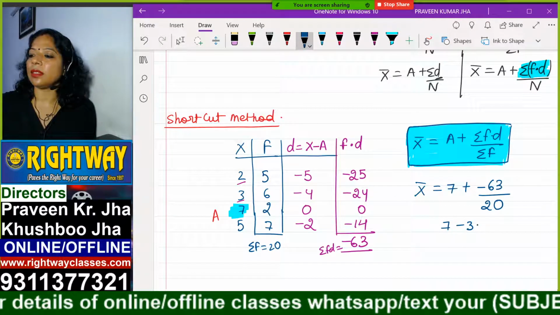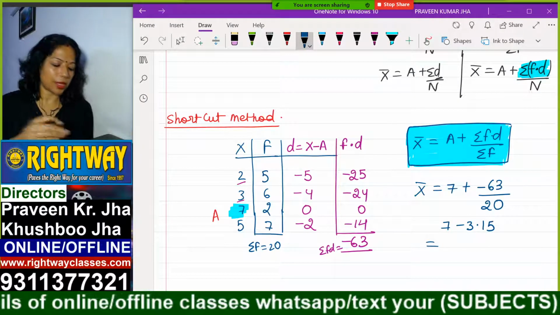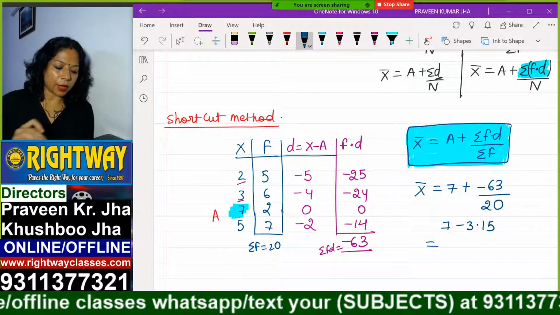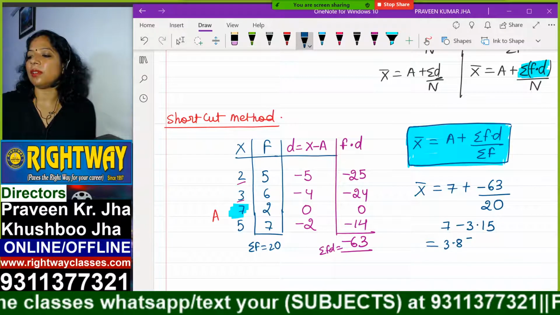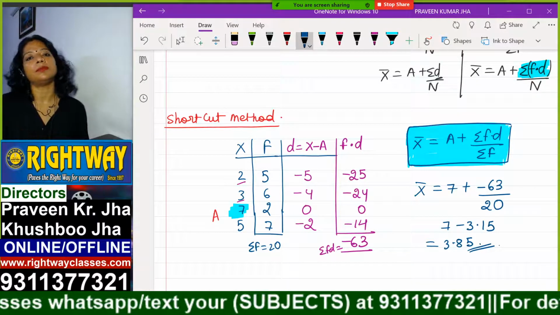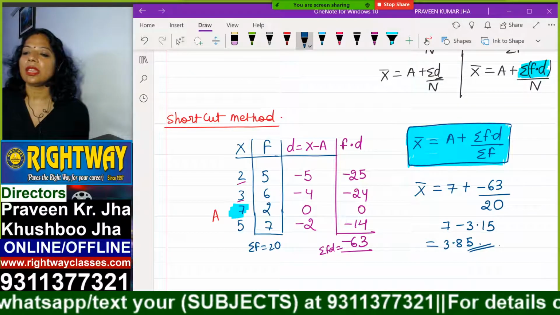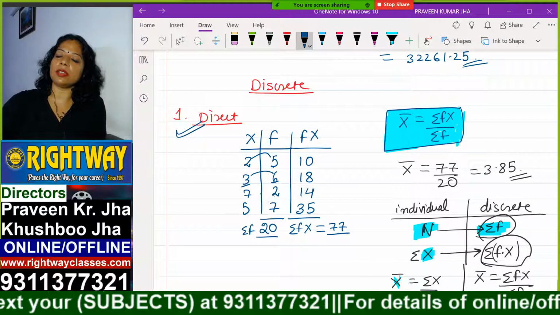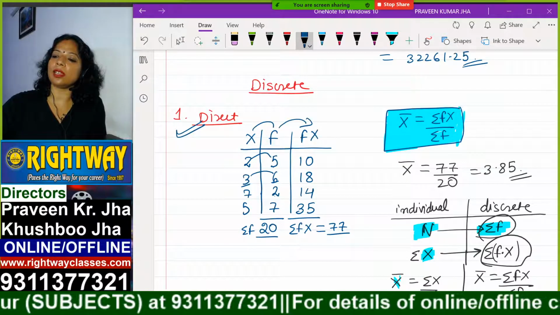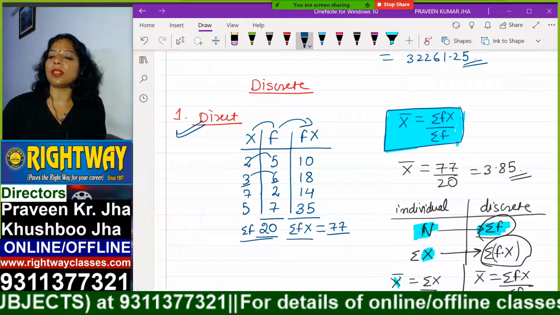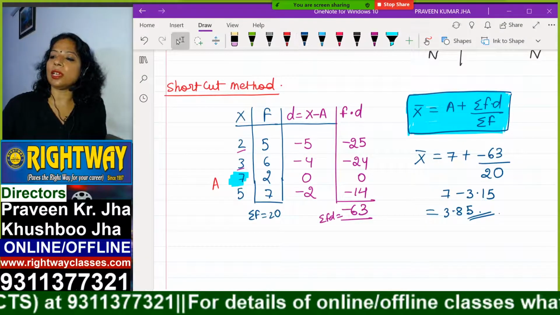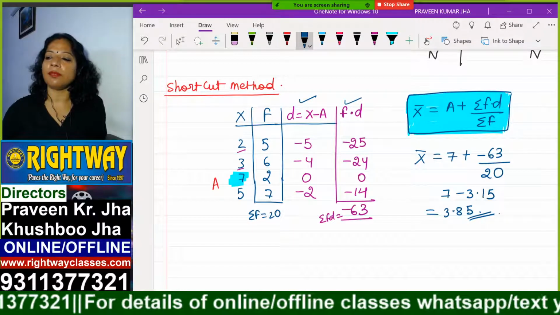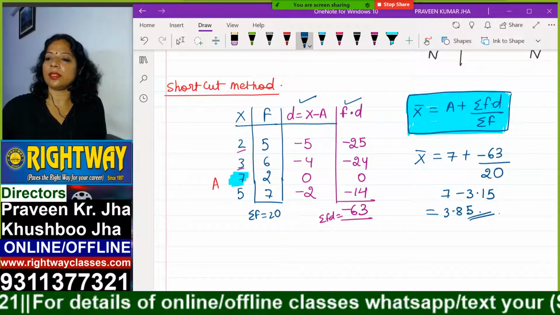So 7 minus 3.15 will be equal to 3.85. This is our mean. Is it okay? So this is what we have to do in a discrete series. There are two methods: direct, just multiplying these two, writing here, taking summation and dividing with summation f, and in shortcut we have to find d and then fd and then summation fd, divide by summation f and then add a. Is it clear?